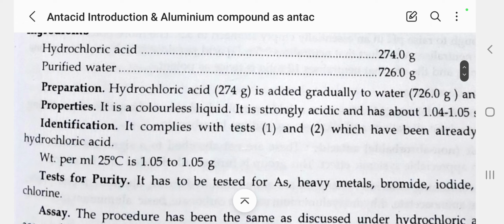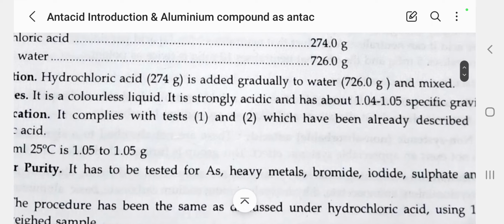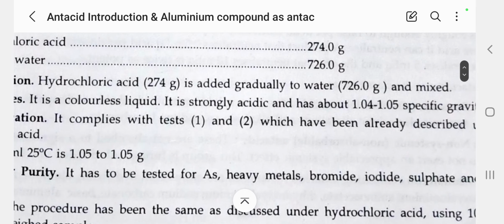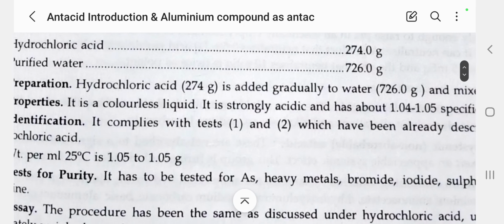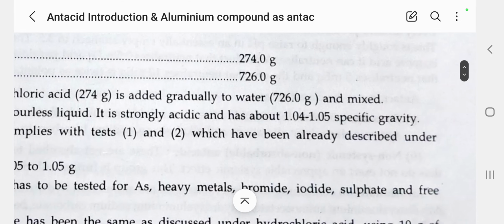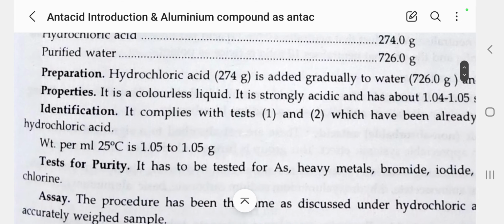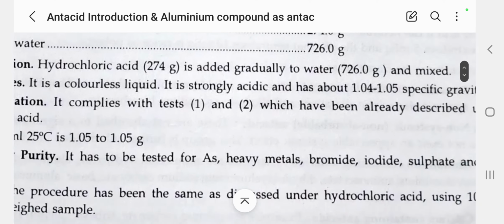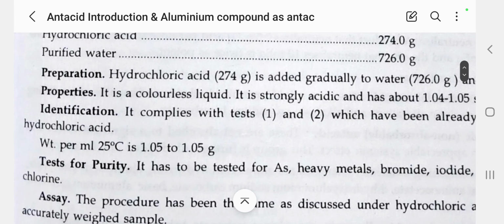Next, properties: it is a colorless liquid, strongly acidic, and has a specific gravity of about 1.05. It complies with tests 1 and 2 which have already been described under hydrochloric acid.